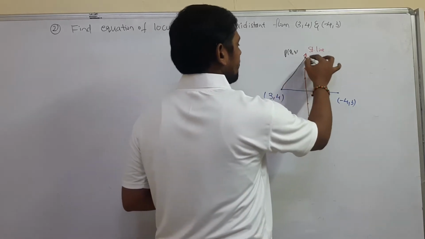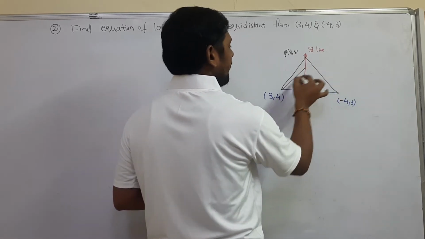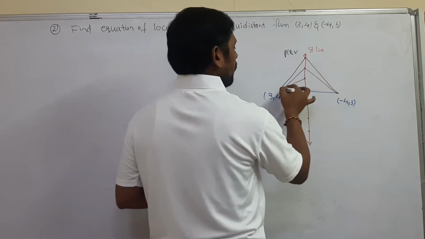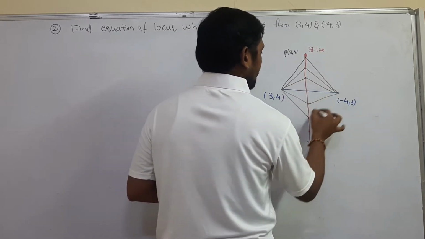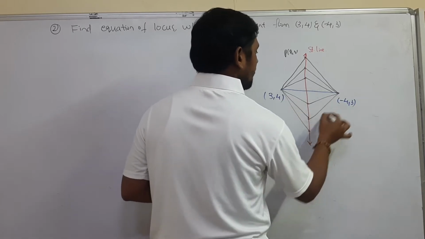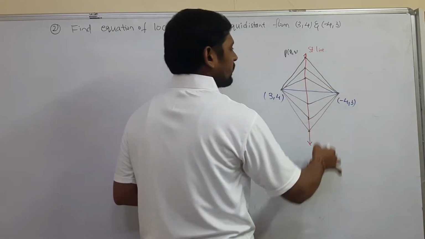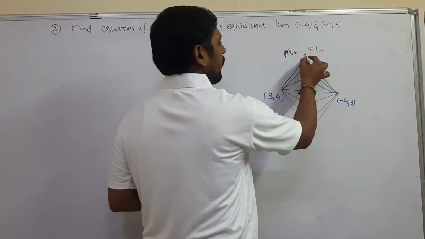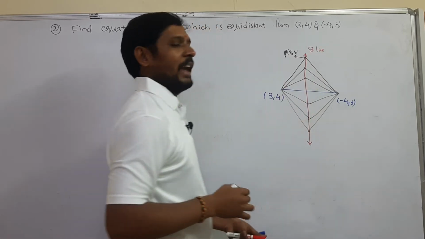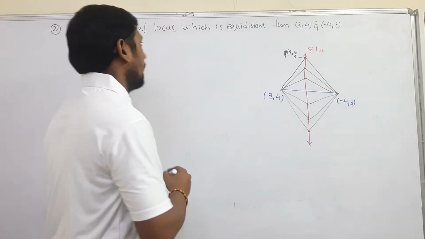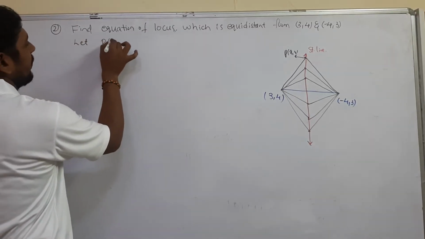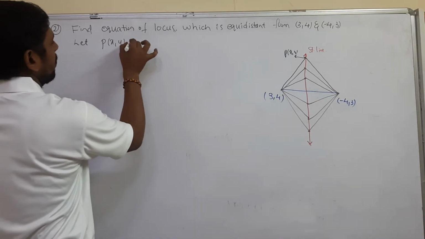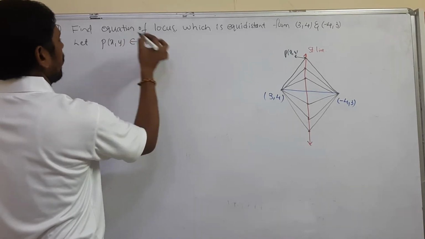These distances are given equal in the question, and we are trying to find the equation. To get the equation, we have seen that the locus is a straight line. To find this equation, one of the points we assume as P(x, y). So let P(x, y) belong to the locus.